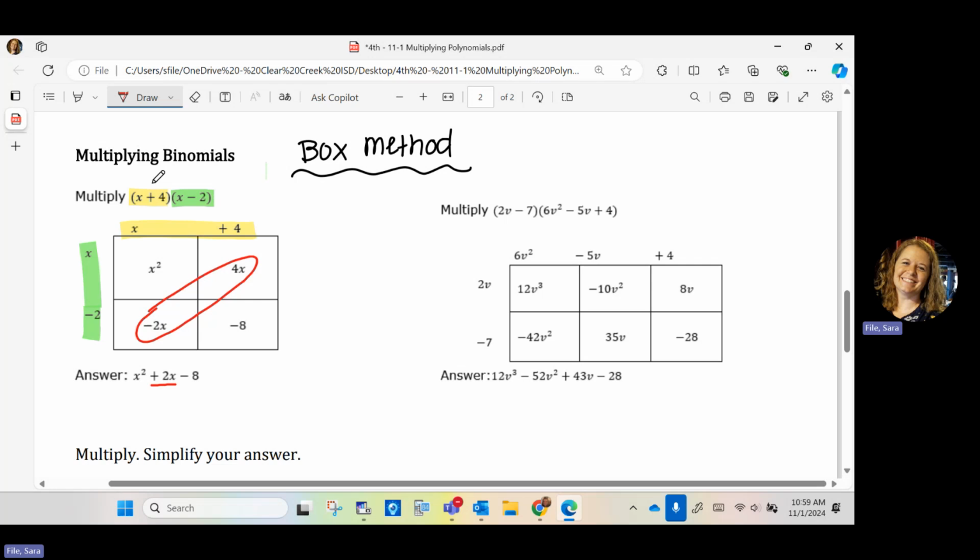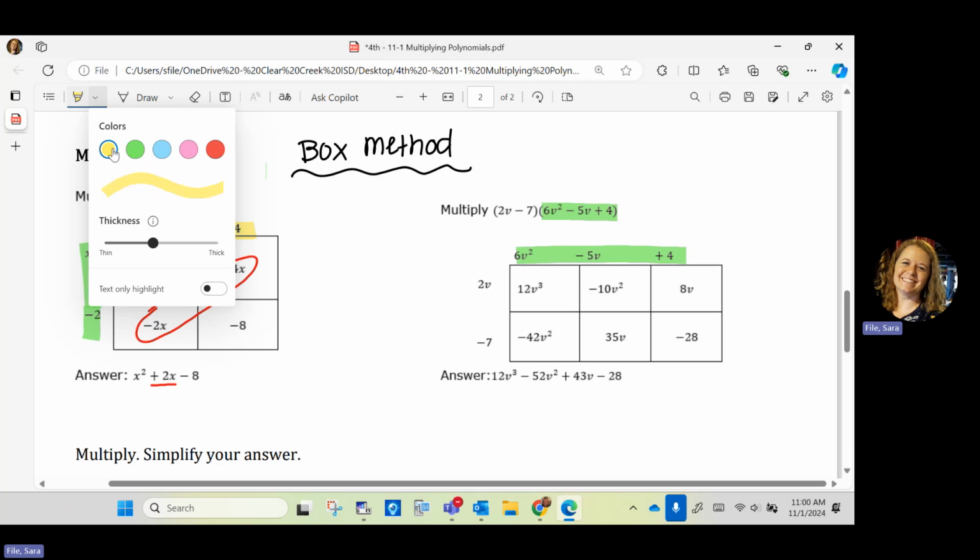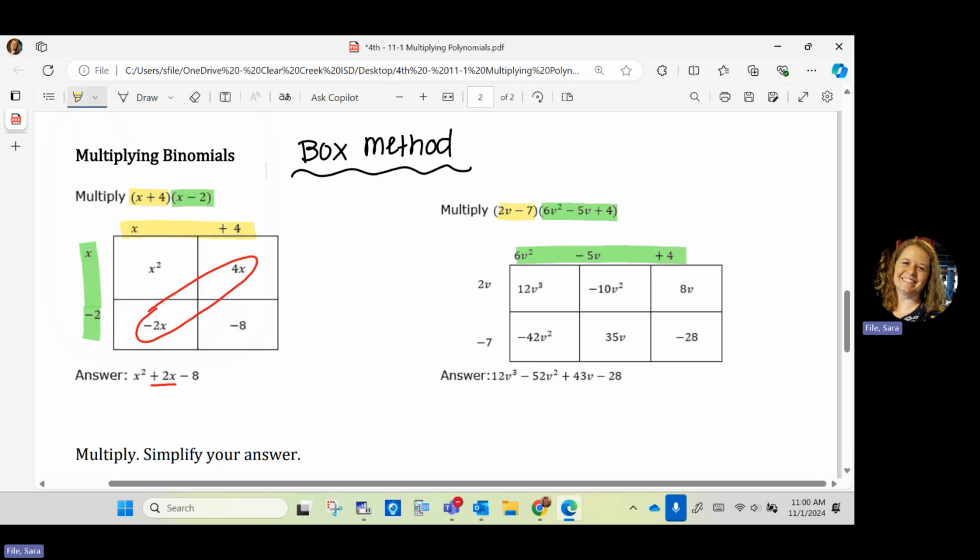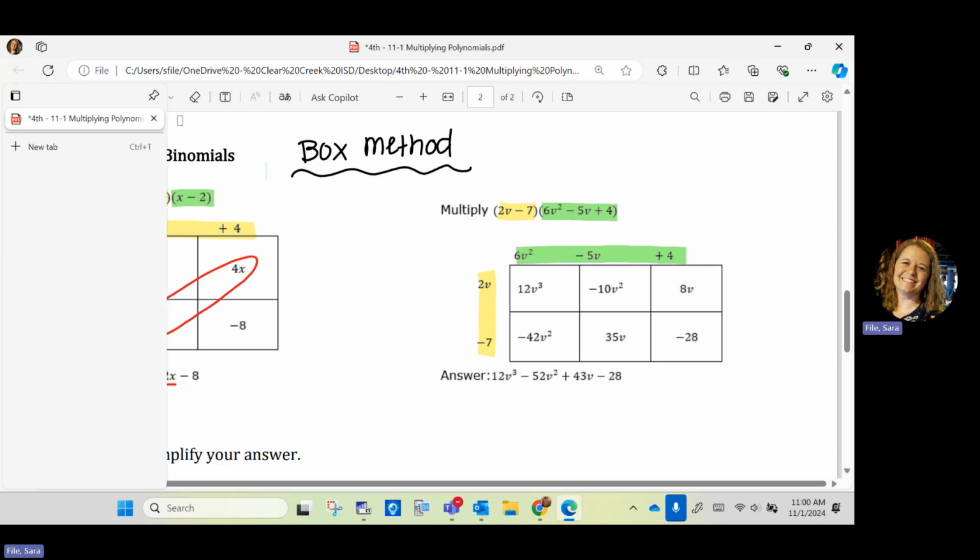Okay, it doesn't have to be a binomial times a binomial. You can see in this one over here, you've got a trinomial. So they do 3 across. This box is a 3 by 2 because it's a trinomial times a binomial. But you do the same thing. You make sure each of these gets multiplied. This box method is not changing any of the math that we do in solving these. It's just organizing the distribution.